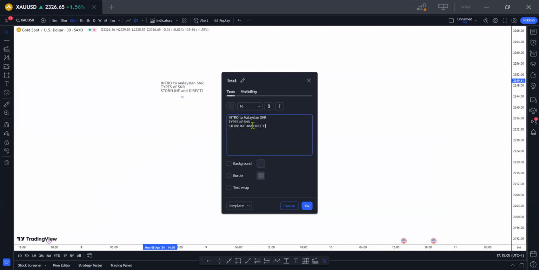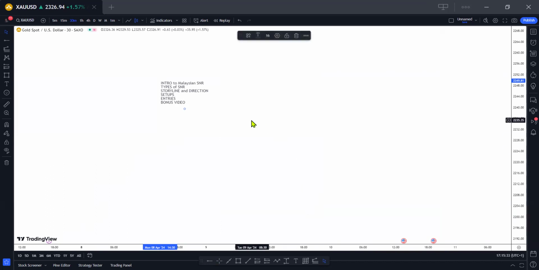Then we look at your setups, and then we'll talk about entries. And then there's going to be a bonus video on how to backtest, bonus video on backtesting. So now let's get to it.